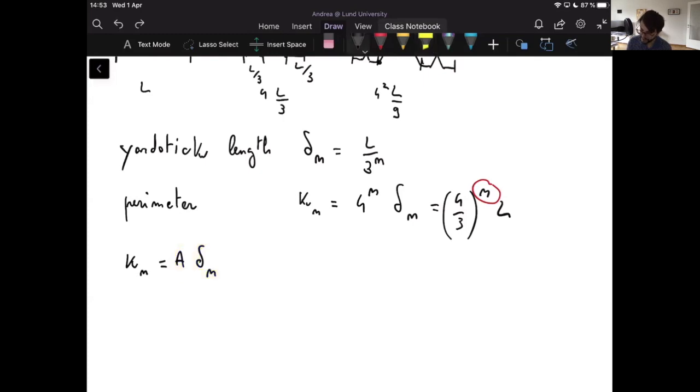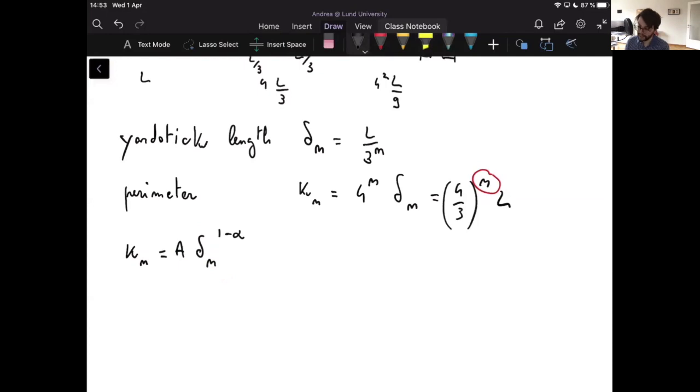And the length of the yardstick has to go to some power. I will write it, instead of making a power n or L or whatever, I will write it in this way, 1 minus alpha. Just why not? It just makes it easier. You will see why in this specific case. But in general, this is what is called a power law.